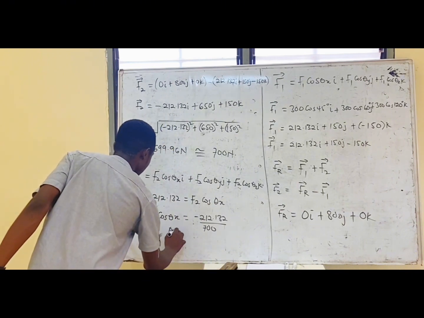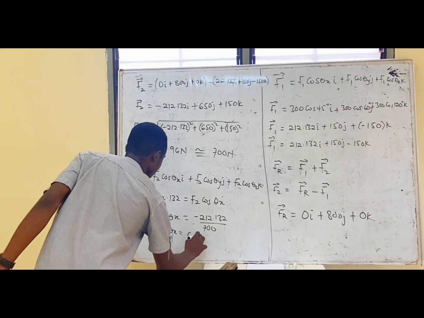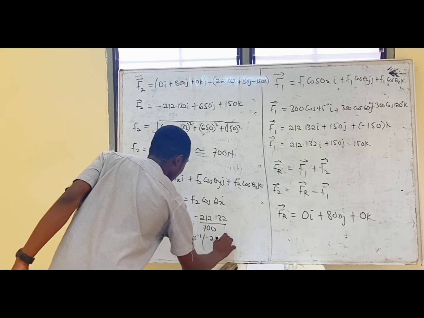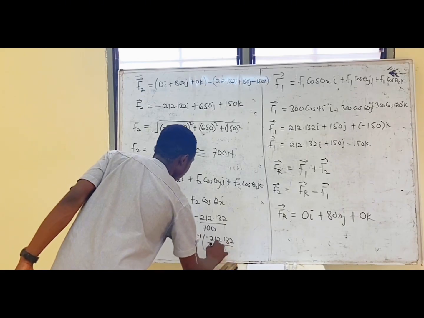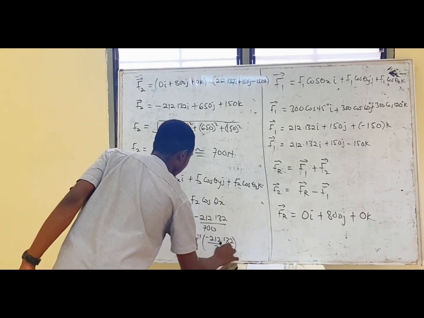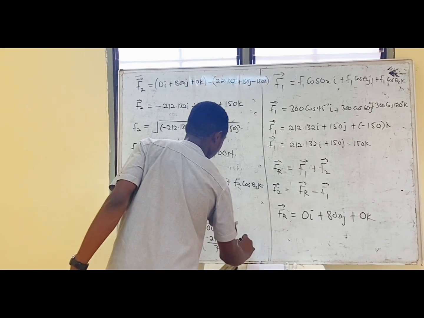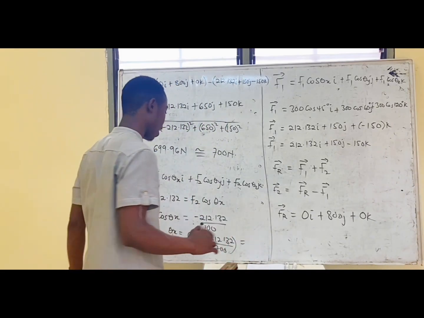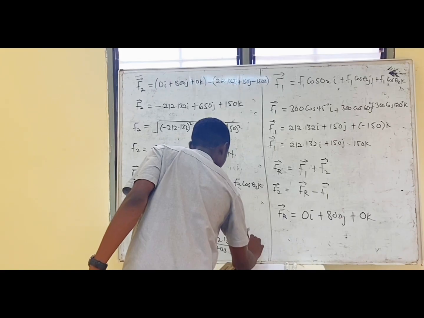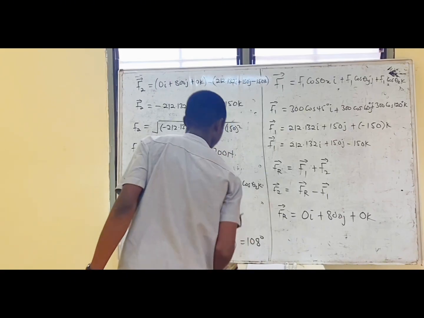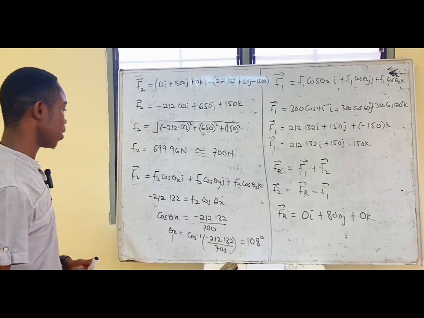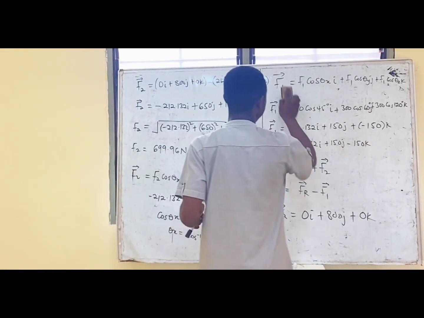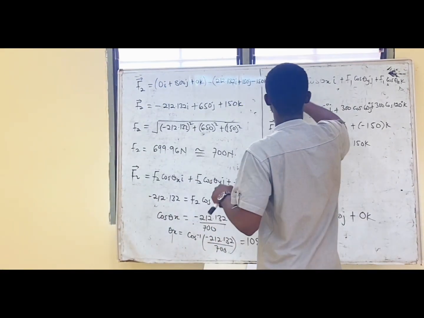So theta x will be equal to cos inverse of negative 212.132 divided by 700, and we will get our theta x to be 108 degrees.